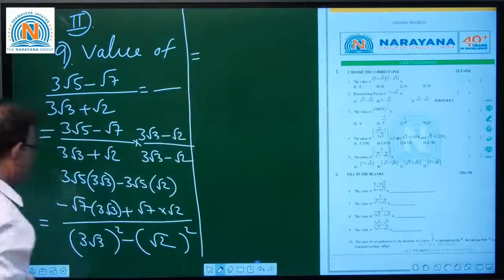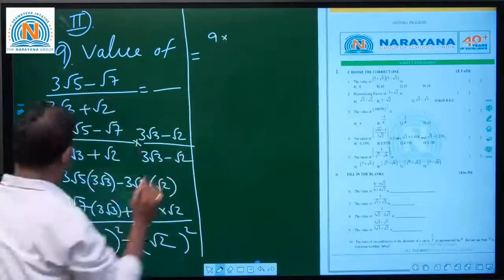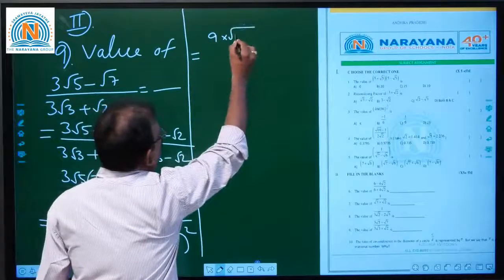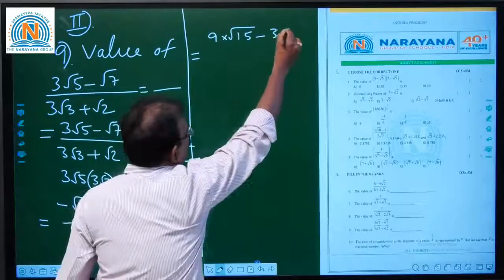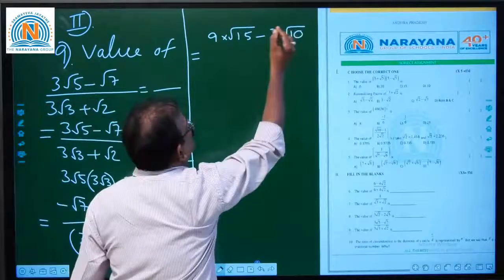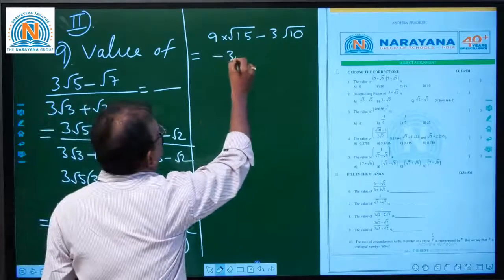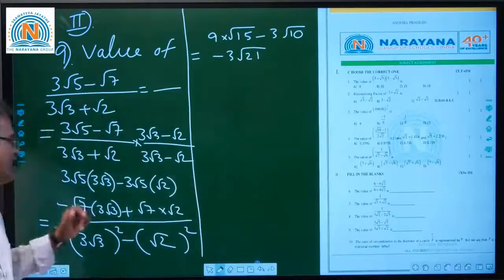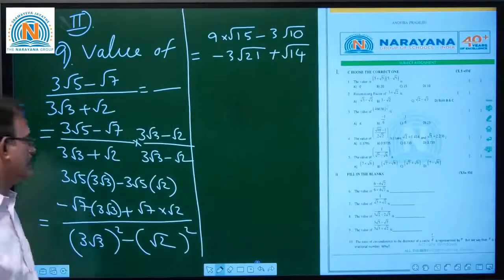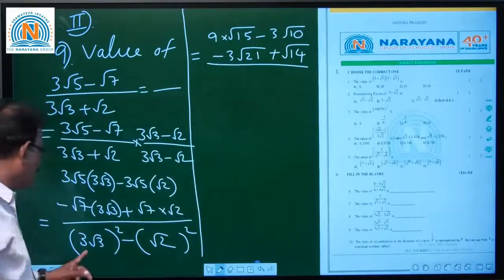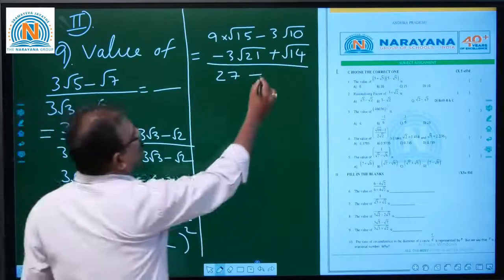Now, right. 3 threes are 9, into root 5 into root 3, root of 15, minus 3 into root 5 into root 2, root of 10, minus 3 root 7 into 3, root 21, plus root 7 into root 2, root of 14, divided by 27 minus 2, that is 25.